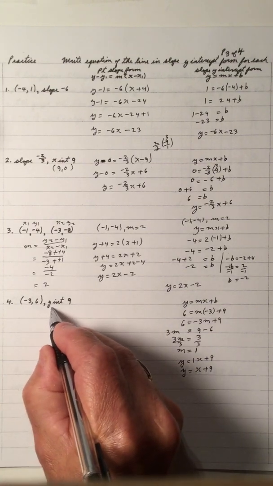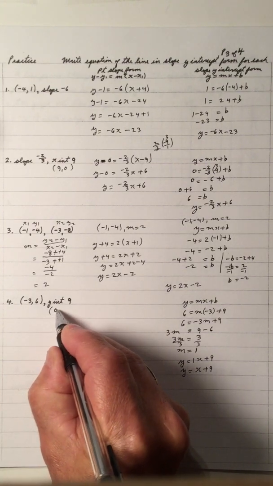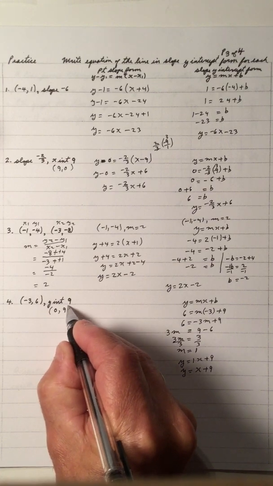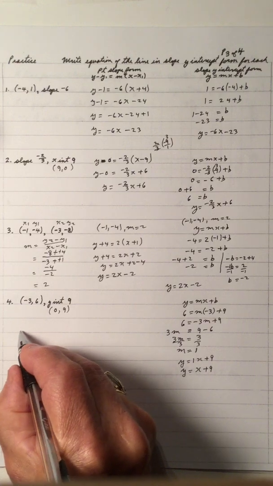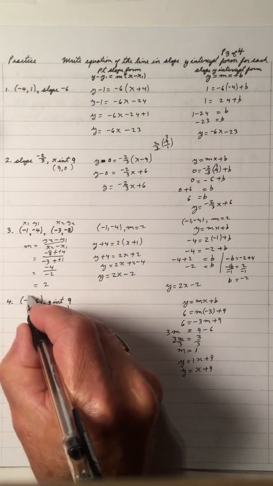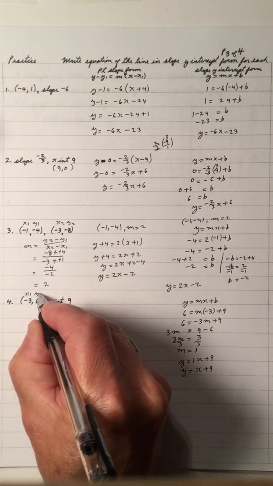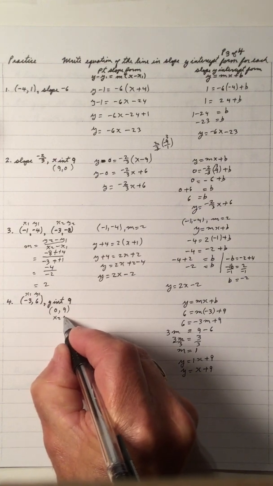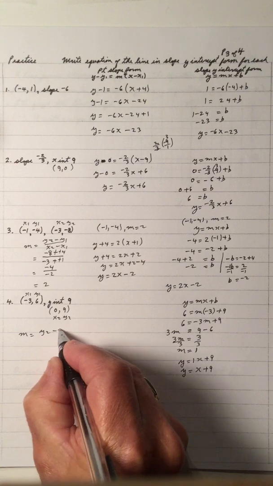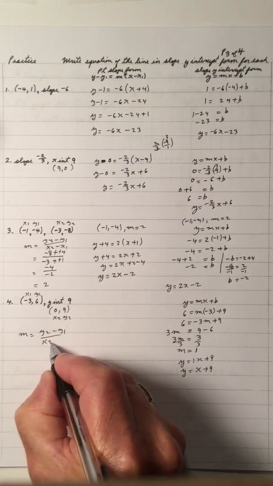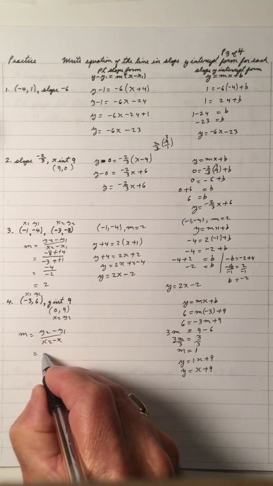If my y-intercept is 9, that's the point. X is 0, y is 9. Because the y-intercept at the x-coordinate is 0. That means I can work out the slope. I can work out x1, y1, x2, y2. And my slope formula, y2 minus y1 over x2 minus x1.